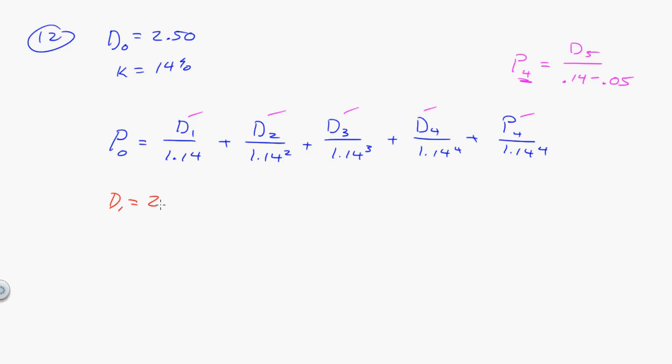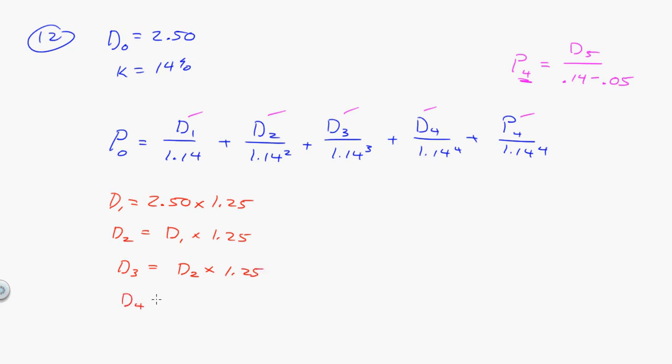D1 is $2.50 times 1.25, since the growth rate is 25%. D2 is whatever you got for D1 times 1.25. D3 is whatever you got for D2 times 1.25.